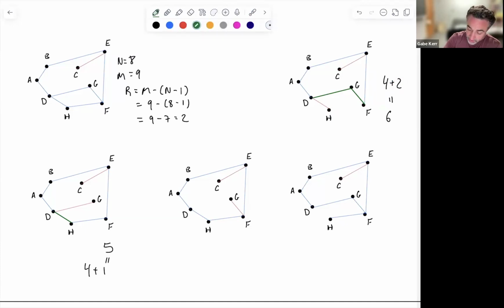And I'll just say again, I'm removing 5, which is equal to 4 plus 1. Great. And what is the 1? The 1 is this DH here. Great.